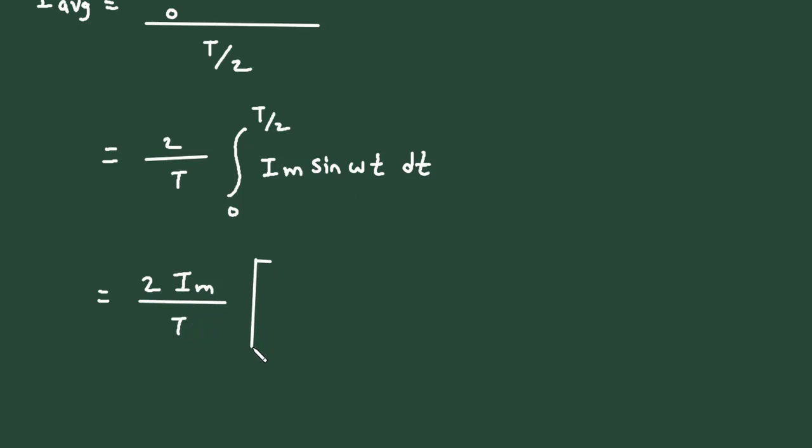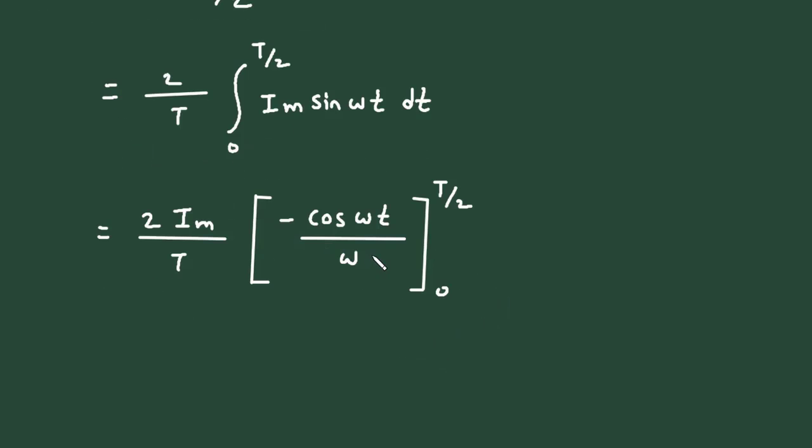Now the integration of sin omega t will be minus cos omega t divided by omega, and its limit will be from 0 to T by 2. So here this will be 2 Im by T. Now this minus, and this omega is constant, so we can take this omega outside.